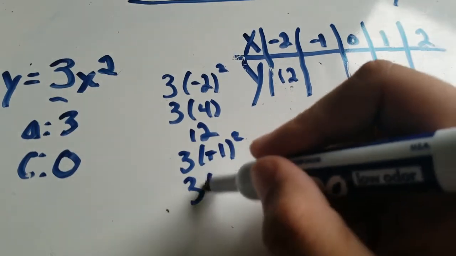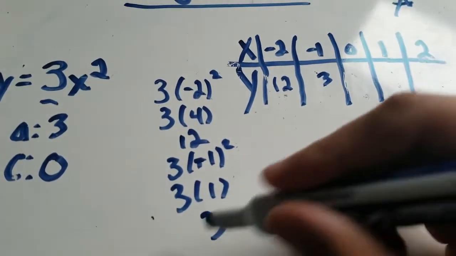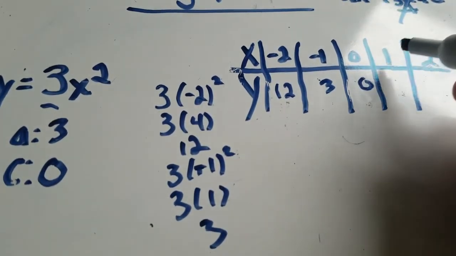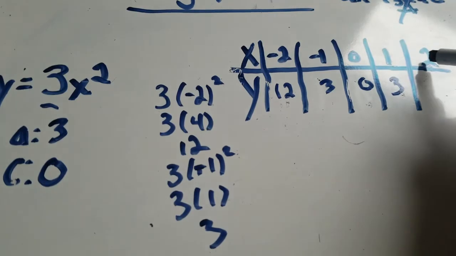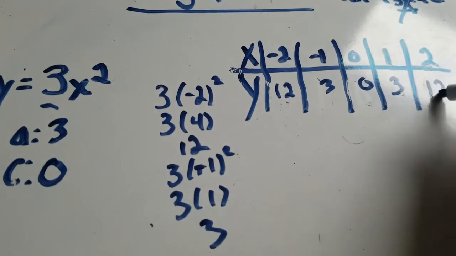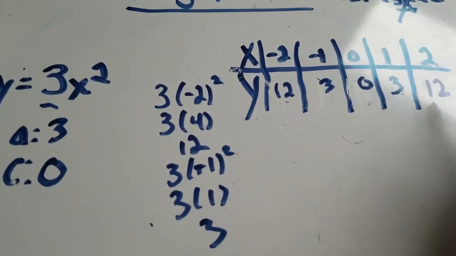Well, that's 3 times 1. That's 3. 3 times 0 is 0. 1 times 3 is 3. 2 squared is 2 times 2, which is 4. 4 times 3, I apologize, is 12.